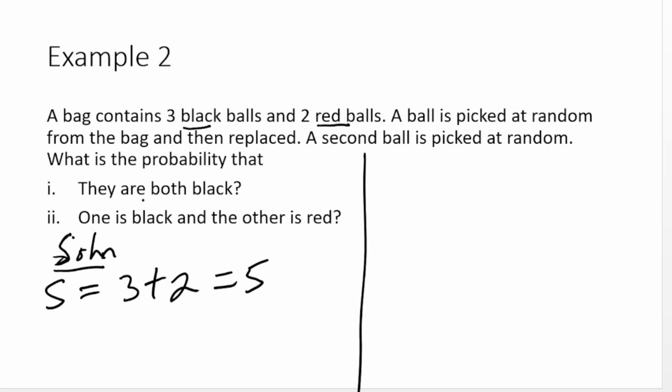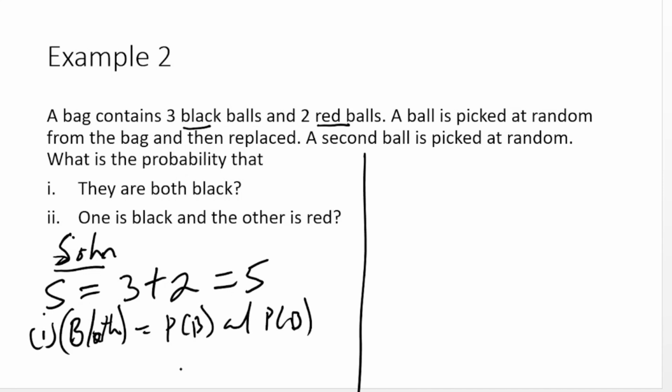What's the probability that they are both black? Probability of both black will be the probability of black and the probability of black. Since it's with replacement, the black balls here are 3, so that's 3 over 5 times 3 over 5.